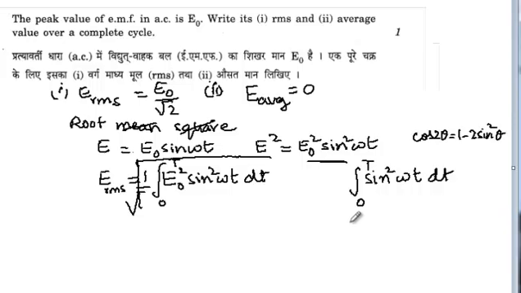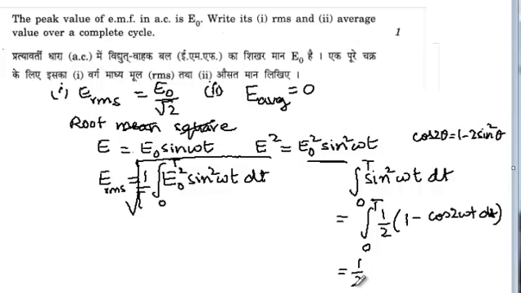So we can write this as half times 1 minus cos 2 omega t dt from 0 to T. Now you can take the half outside.